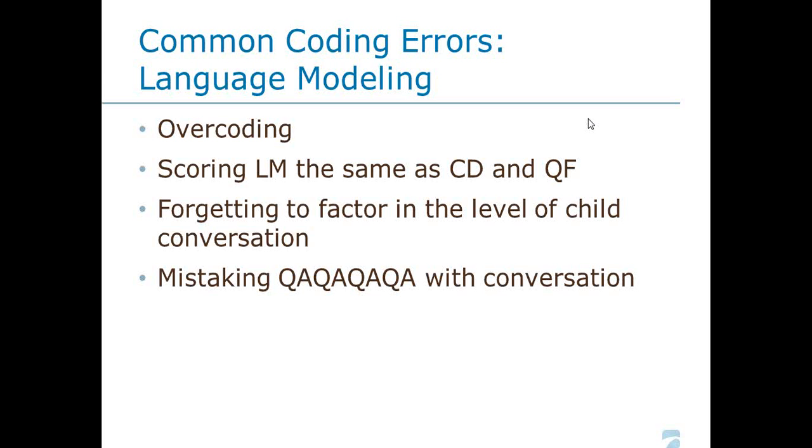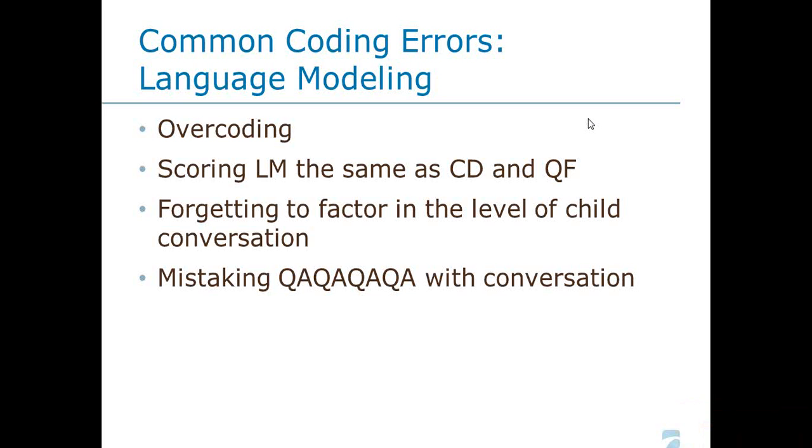If you see some of the low language modeling indicators happening at the same time, you should be thinking about the mid-range. Low-range language modeling scores would be cases where there's very little language going on in the classroom, the teacher is doing most of the talking, and there's no intentionality around getting the children to talk.